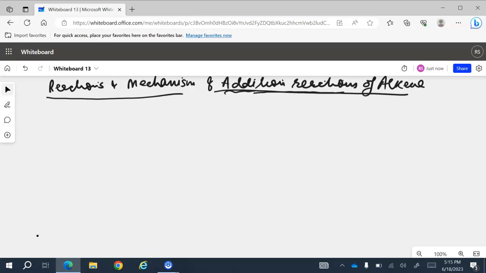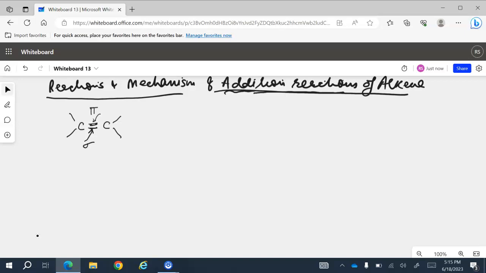Now, to understand the reactions and mechanism of alkene, first of all we need to understand a little bit about the bonding in alkene. When we say alkene, a carbon-carbon double bond, as we are aware, one of the bonds is a sigma bond, and the other one is a pi bond.